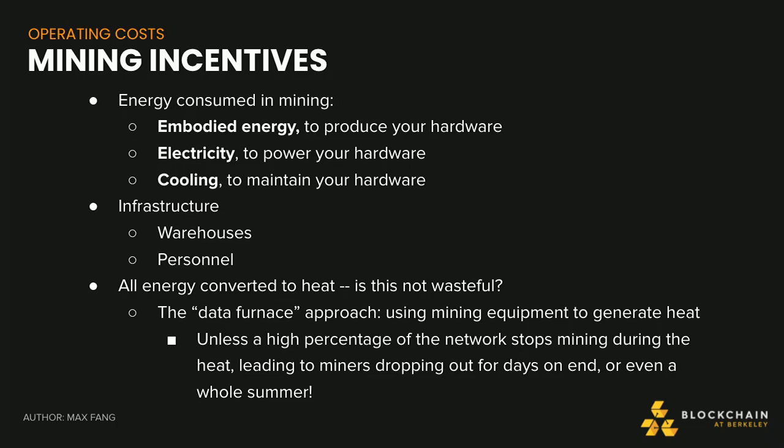And this gets into the idea that a lot of the time, this is really expensive and kind of wasteful too, because all this energy only goes into solving a hashing algorithm, which is pointless except for the fact that it allows the network to run.